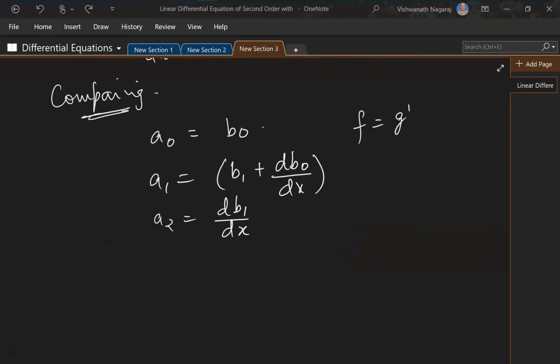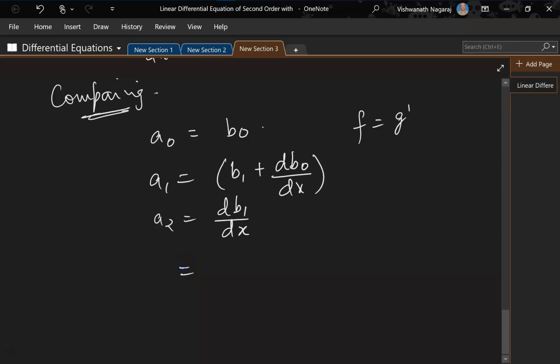Now let's do a few additional manipulations. Let's take a2 equal to db1/dx.